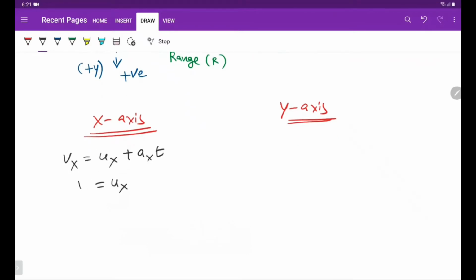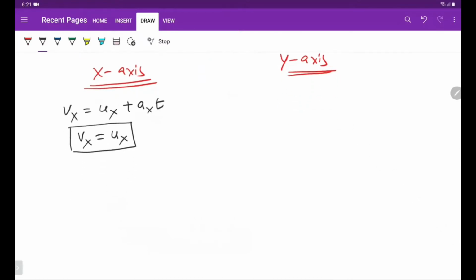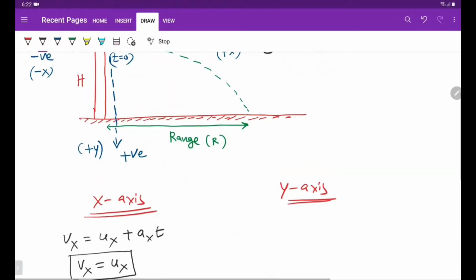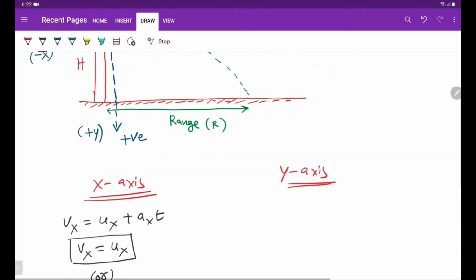So at any instant, the x component of velocity does not change. And its value is how much? Here we are projecting horizontally, so vx is always u, the initial velocity u, which is completely along the x-axis.